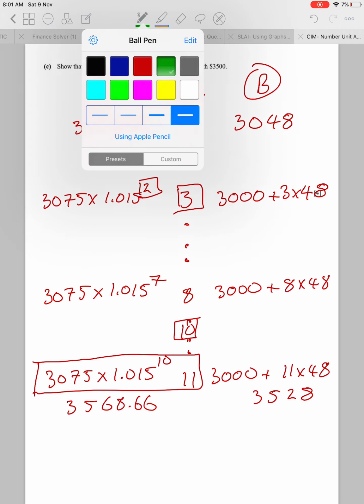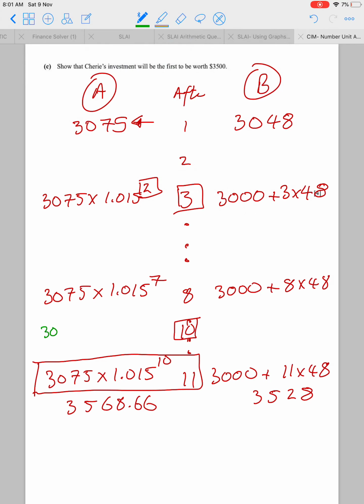So let me put in green here, 3075 times 1.015 to the 9. Okay, so I've got just over 3,500.